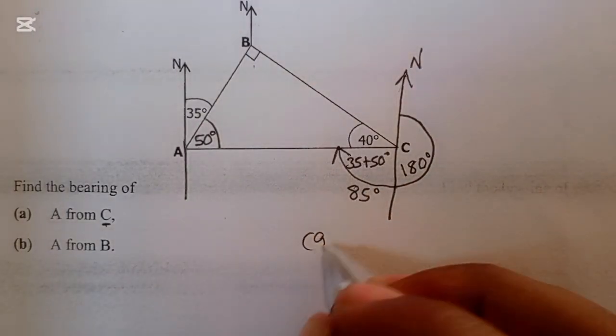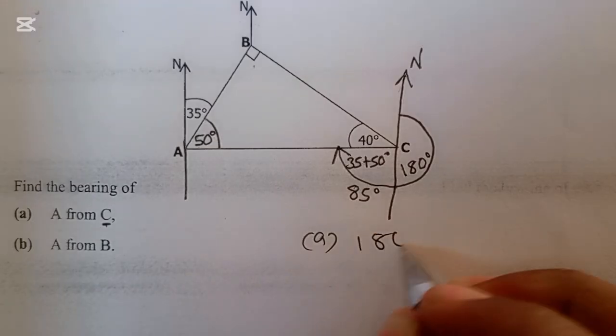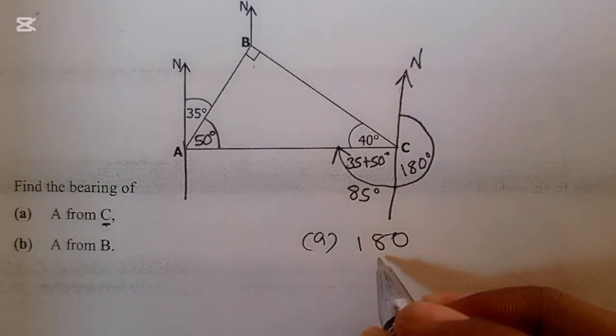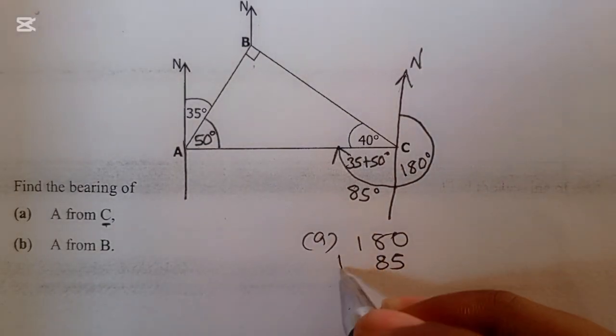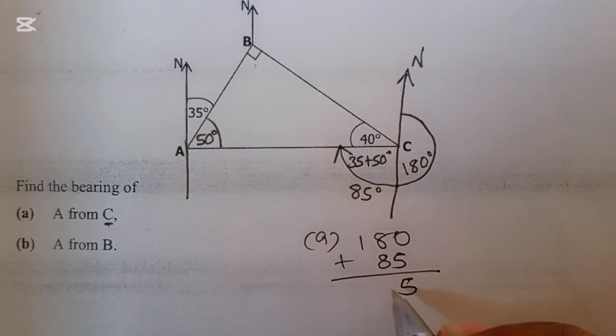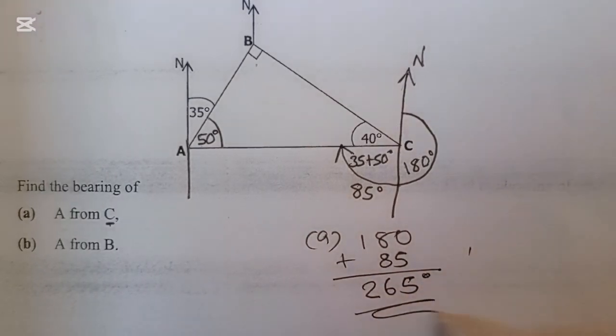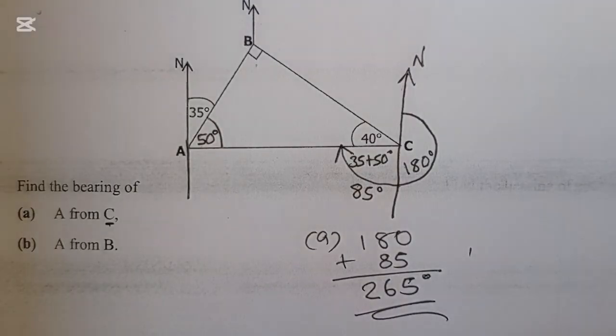So for A, we say 180 plus 85 degrees, which is 265 degrees. That is the answer.